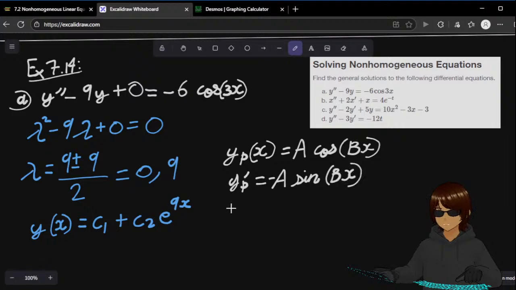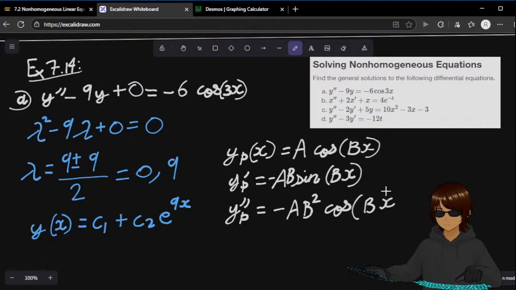The double derivative is, no, I have to, well, I forgot the inside. So minus a b squared cos bx, the derivative of the outside and the derivative of the inside.